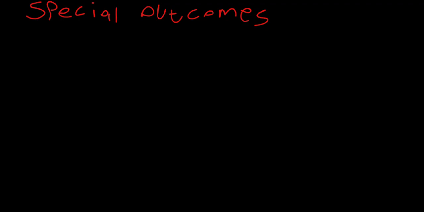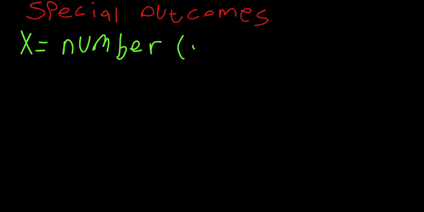You could have x equals a number. Okay, that's what we've seen a lot of now. X equals a number, any number. What I'm introducing you to is possible results and special outcomes. And when you have x equals a number, like we've seen again and again, what you have is one solution. There's one number to rule them all.